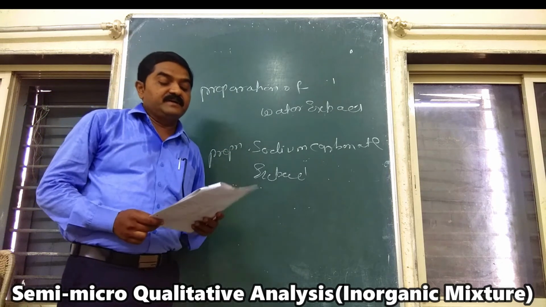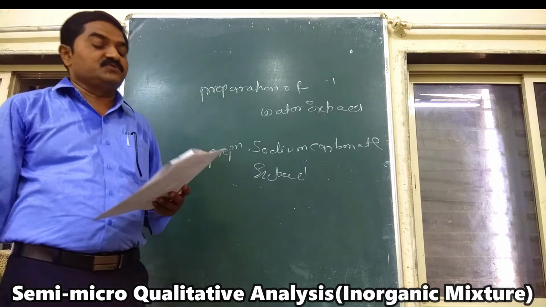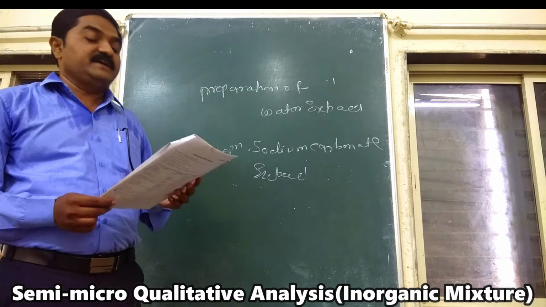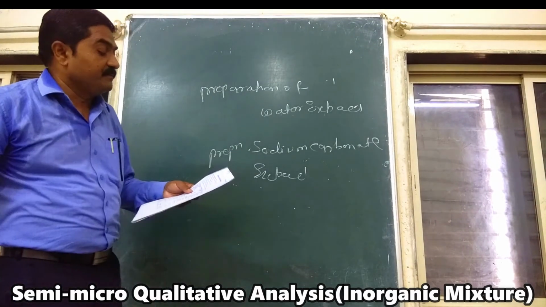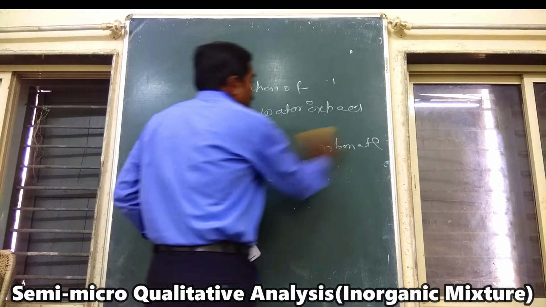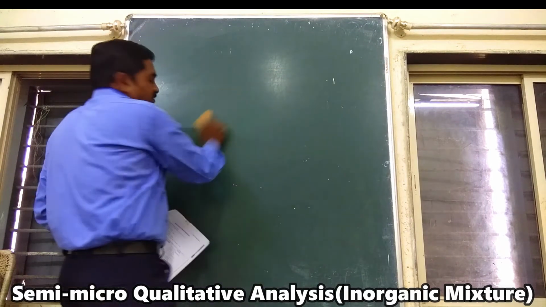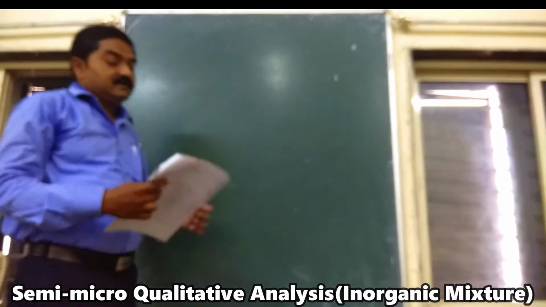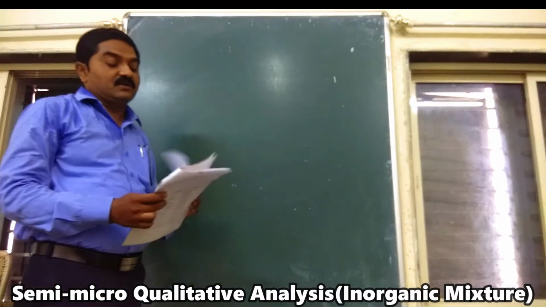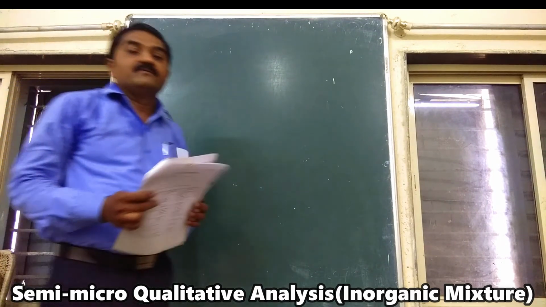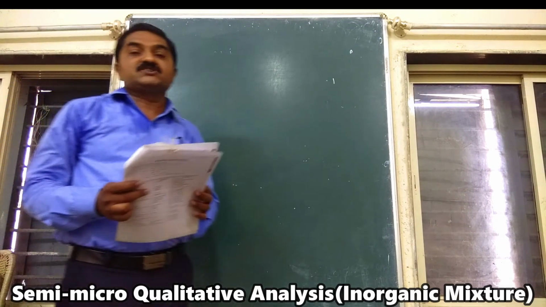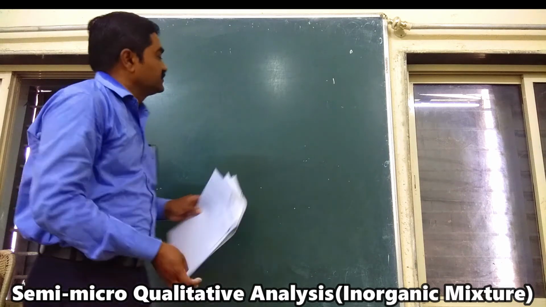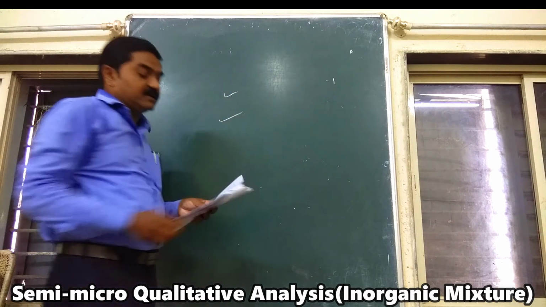From these confirmatory tests we can exactly determine which elements are present. Next is the detection of basic radicals. In the exam the question can be asked: explain the preparation of water extract for 5 marks, and also explain the preparation of sodium carbonate extract. These 2 questions are important.